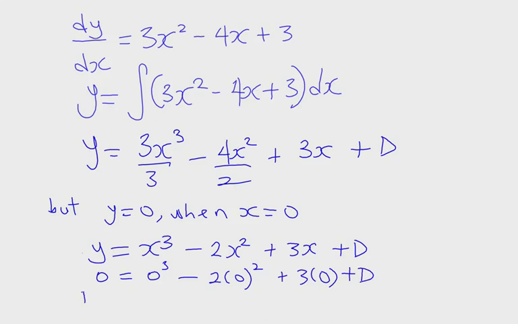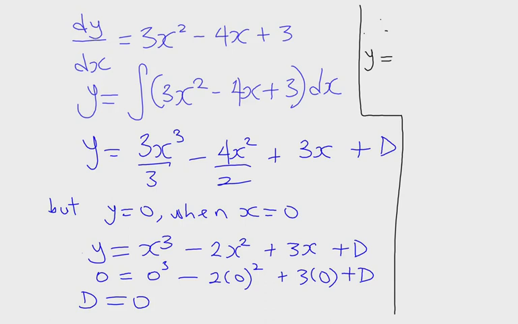That means d is equal to 0. And therefore y is equal to x cubed minus 2x squared plus 3x, because d is equal to 0. So that is what they want us to find. This is y with respect to x.